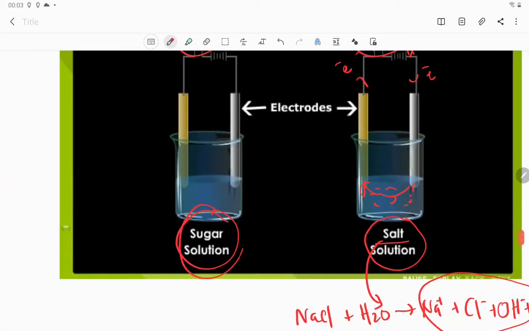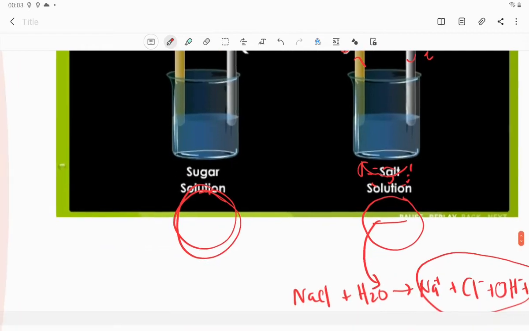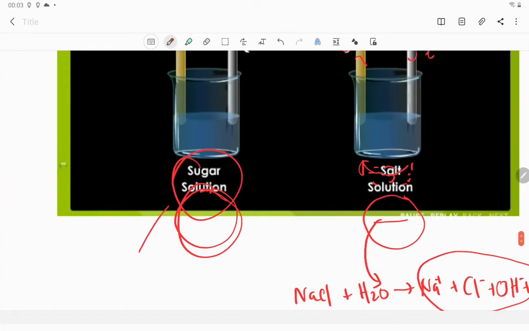But for sugar solution, glucose is a molecule, to be specific, a covalent compound.